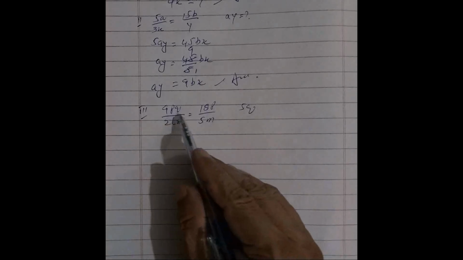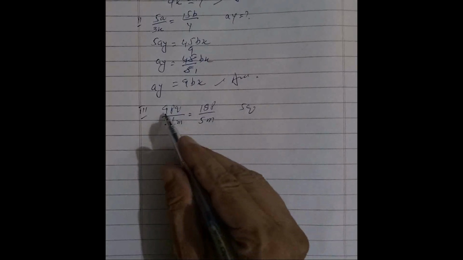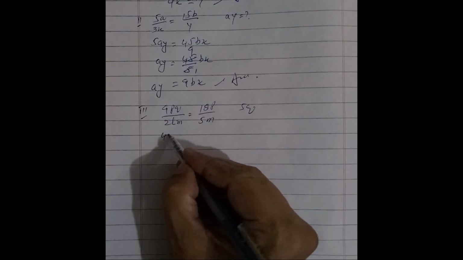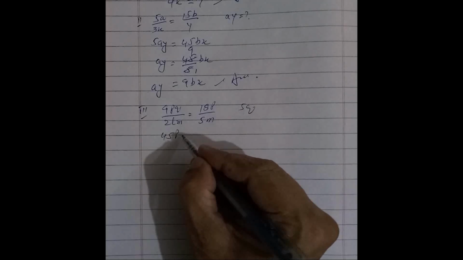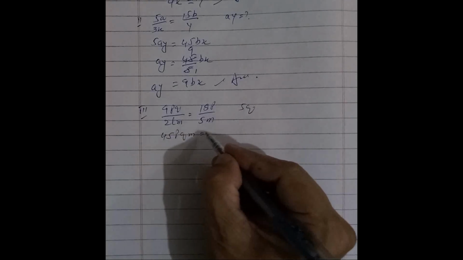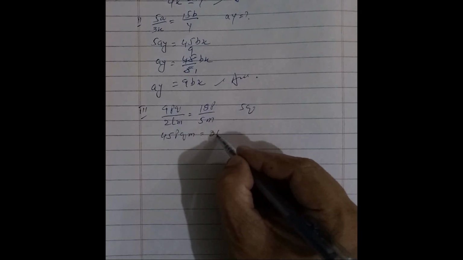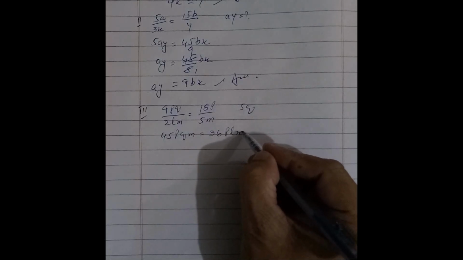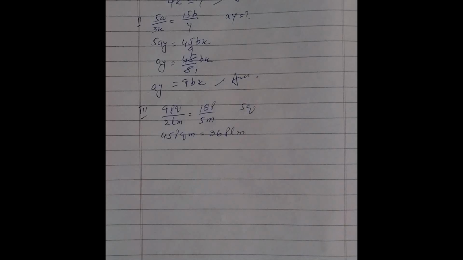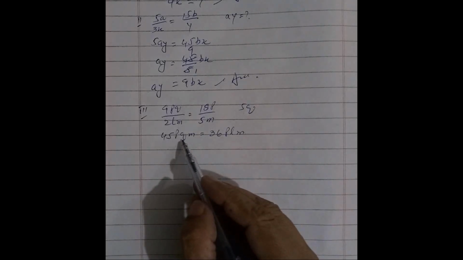In the same way as we solve question 1 and 2, first we cross multiply these two values. We get 9 5s are 45pqm is equal to 18 2s are 36plm, and we find the 5q.